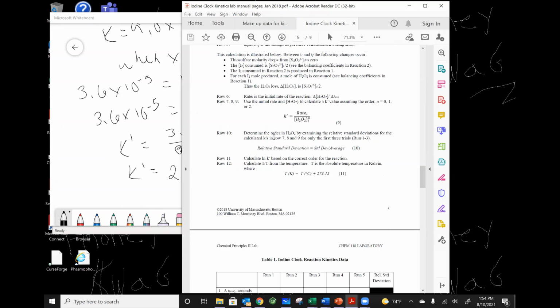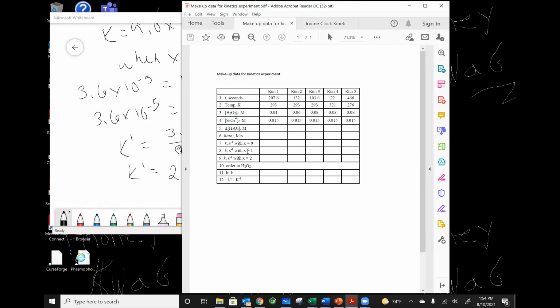For the first 3 trials, 1 through 3, where we are varying concentration, in order to figure out what the order of the reaction is based on concentration, we need to figure out if there is less deviation between the K values of 0, 1, or 2.